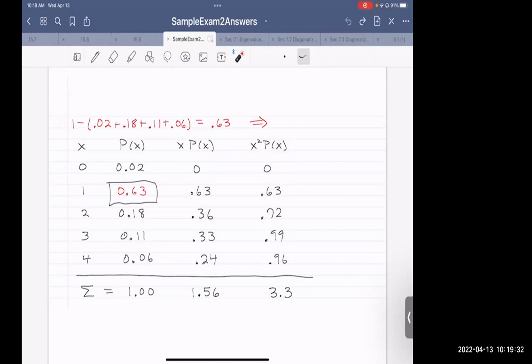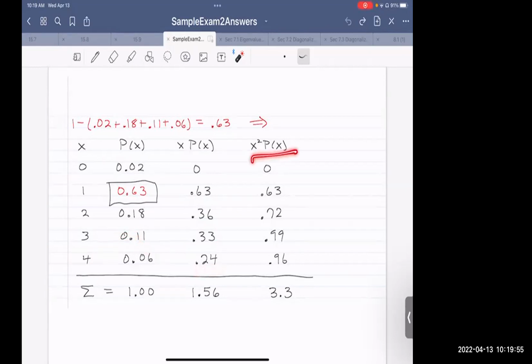To get the third column, the x p of x column, I multiply the first and second column. 0 times 0.02, 0. 1 times 0.63, 0.63. 2 times 0.18, 0.36. 3 times 0.11, 0.33. 4 times 0.06, 0.24.